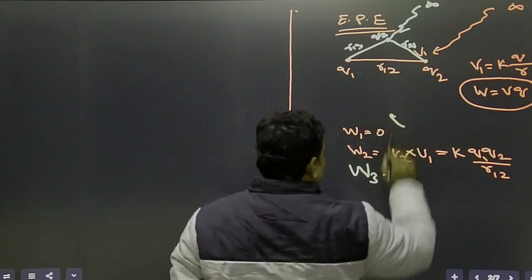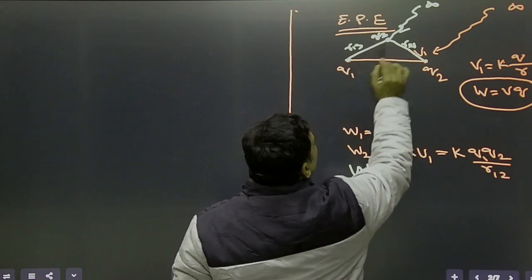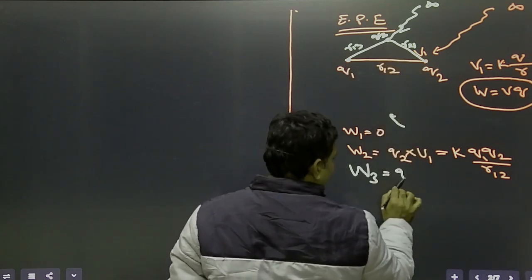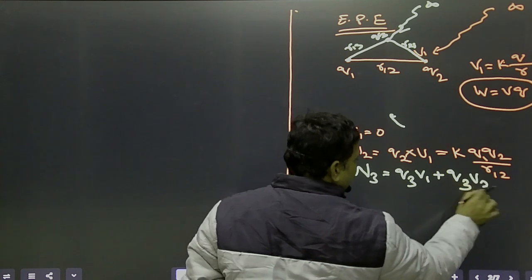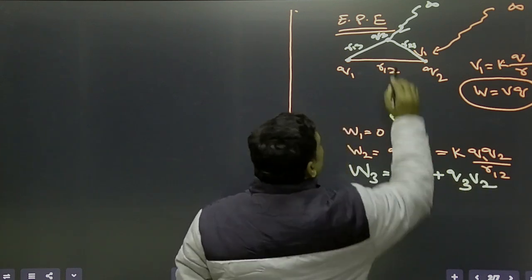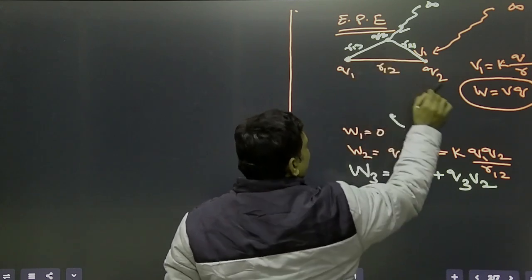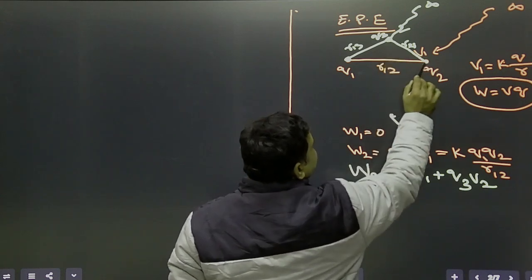So the work done will be q3 into v1 plus q3 into v2. What is v1? The potential at this point due to the charge q1. And what is v2? The potential at this point due to the charge q2.